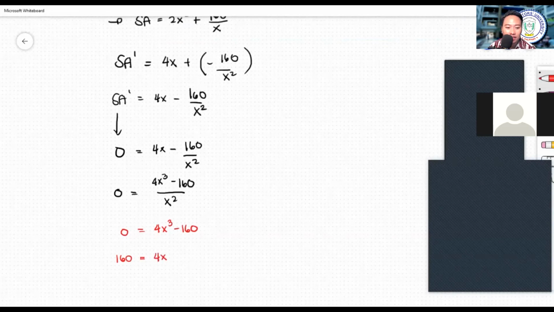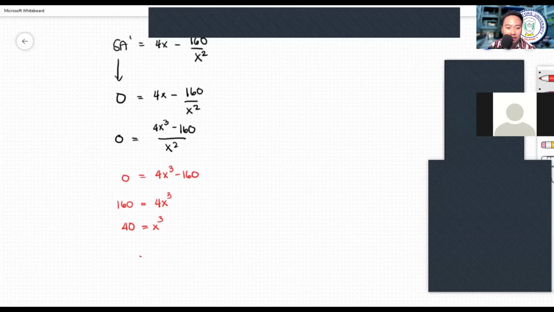Then I transfer 160, so 160 equals 4x cubed, which gives x cubed equals 40, dividing by 4 both sides. Then getting the cube root, x equals the cube root of 40.